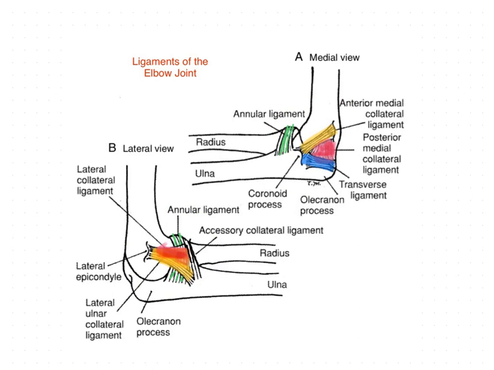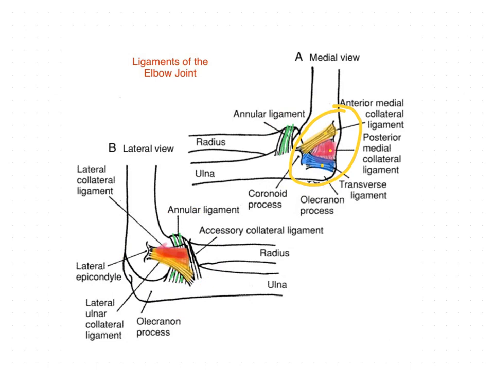Now coming to the medial collateral ligament. This medial collateral ligament consists of three parts. Here you can see the three parts: one is the anterior part, another is the middle part, and the next one is the posterior part.